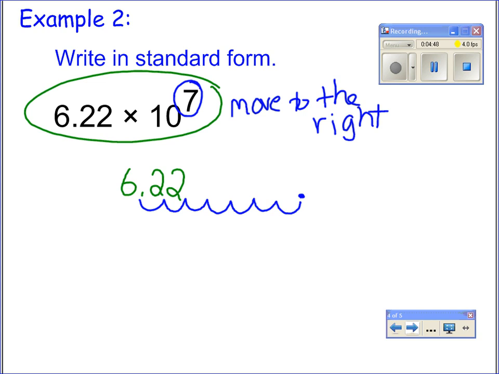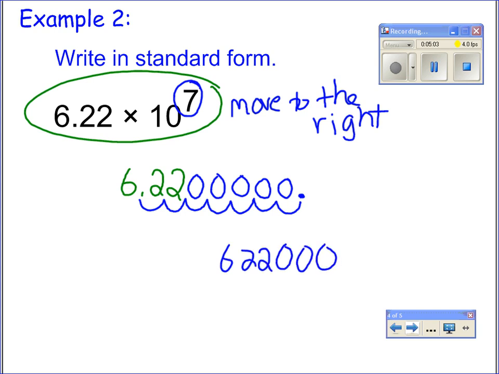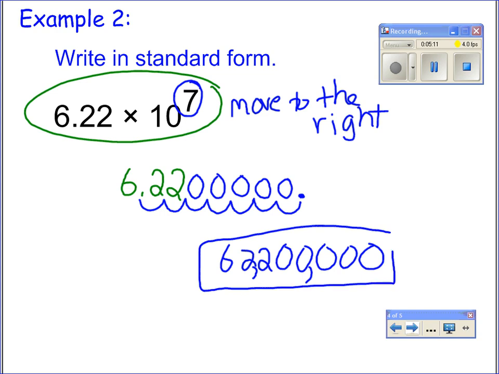Rewrite the decimal point and then draw or write zeros in for your placeholder. So once you move your decimal point to the right, we're going to rewrite our number. And we have 5 zeros here, so make sure you rewrite 5 zeros. Put your commas in where they should go. We end up with 62,200,000 for the answer in standard form. So again, this would be our result of converting from scientific notation to standard form.